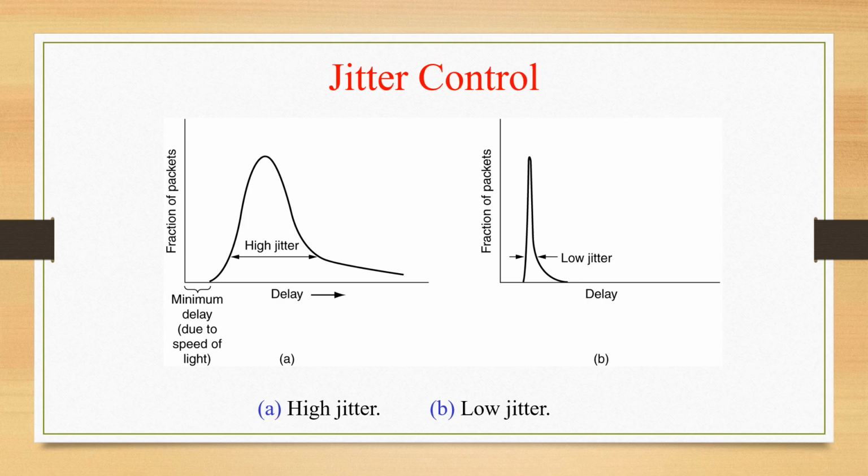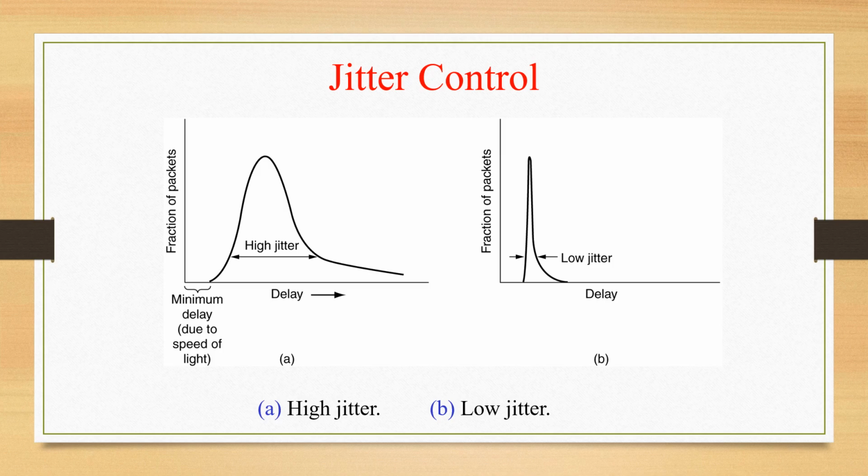The last topic is jitter control. It is nothing but the variation in the delay of received packets. Here, the difference in latency between each data packet will be explained. For example, high jitter is nothing but some packets taking 20 milliseconds and other packets taking 30 milliseconds to arrive.